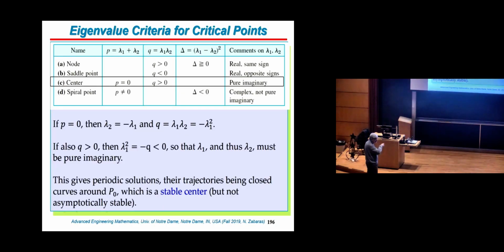You remember the centers, the circles, all right? So we get a stable center, but the center is not asymptotically stable, right?